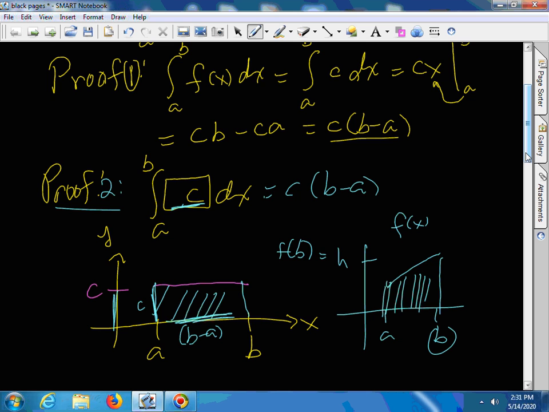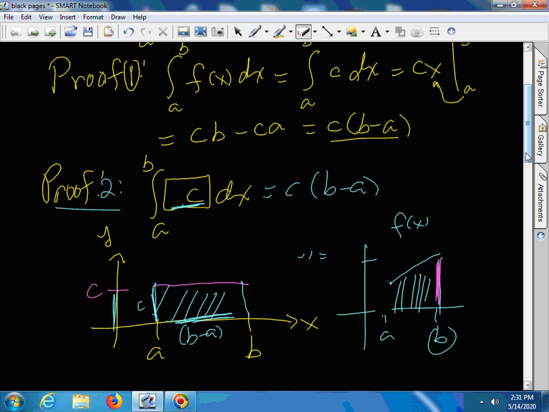You know f of a, you know f of b. They're parallel, and this is our trapezoid.